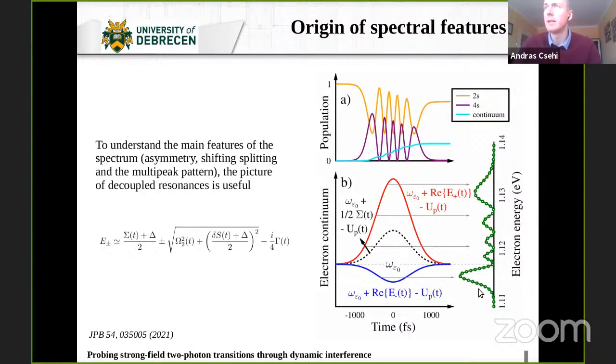That leads to the splitting of the spectrum, which is shown here by the green curve. And we see that the center of the spectrum is shifted to higher energies because the center line is shifted to higher energies.